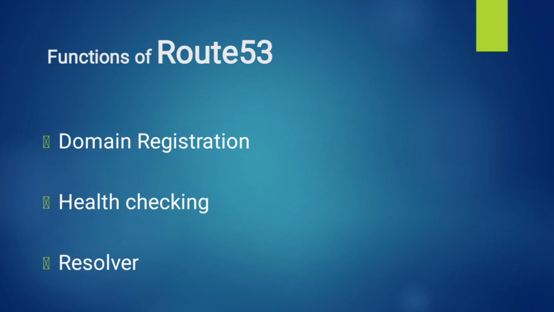And the next function is health checking. If you have two or more resources that perform the same function, then you can use the health checking features. They are used to check the health of EC2 instances and other resources, and it also evaluates the health of an AWS resource.